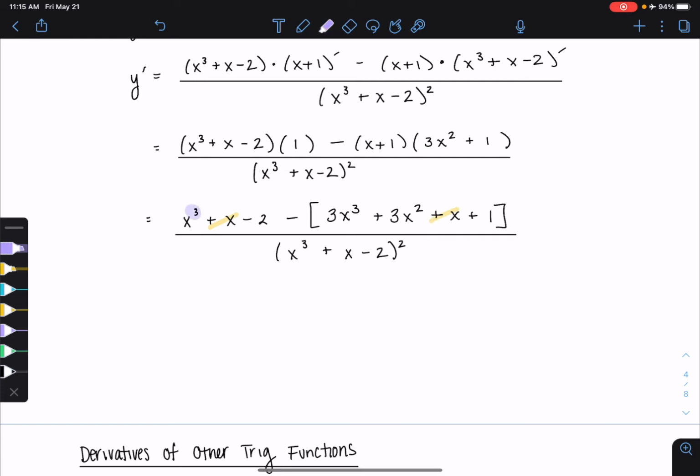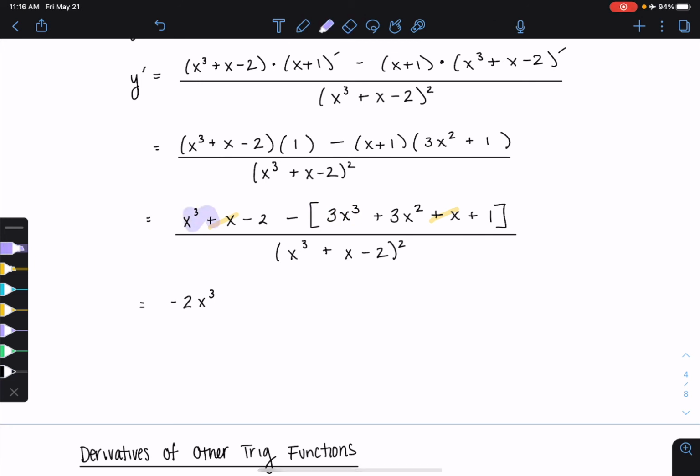Grouping our other like pieces, this is x cubed minus 3x cubed. So in total, that will be negative 2x cubed.